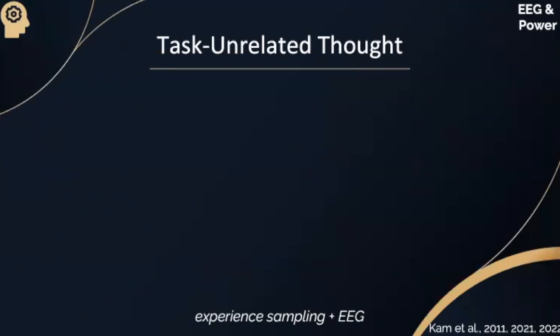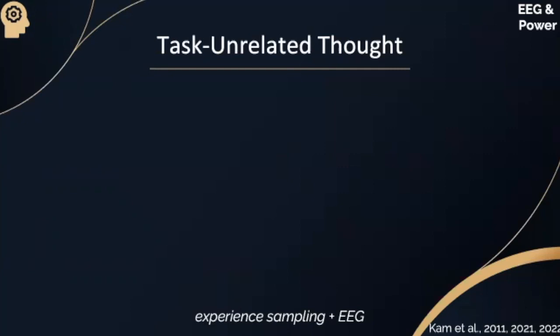As the name suggests, these are thoughts that are unrelated to the ongoing experimental task, typically measured in a lab setting. And using a combination of experience sampling and EEG, my lab, along with other labs, have established the electrophysiological signatures of task-unrelated thought.